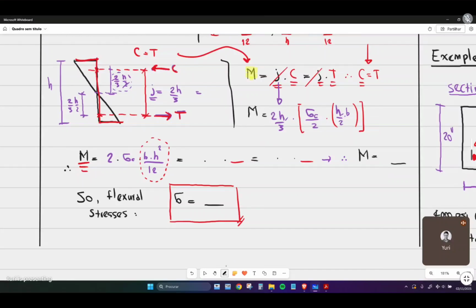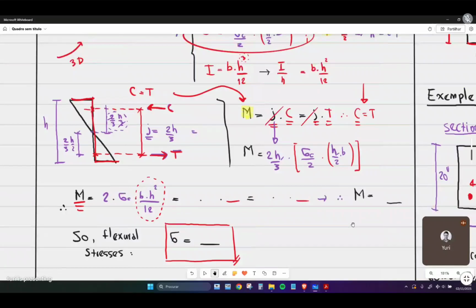As you saw previously, this part of the equation is actually inertia over h. It's right here, so this is inertia. So what we have so far is 2 times the compressive stress multiplied by I divided by h.